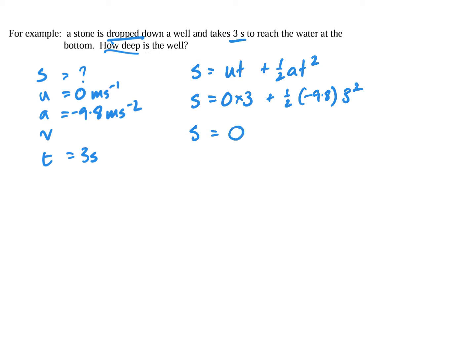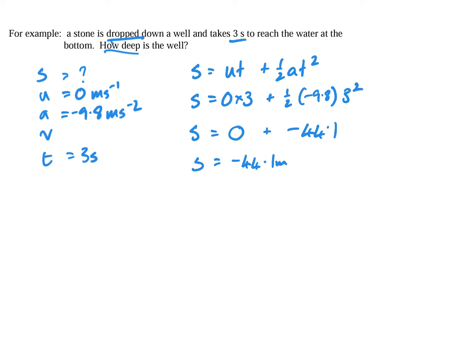And calculate that. It's minus 44.1. So s is minus 44.1 metres, and now hopefully you'll see why I say the height is how deep the well is linked. This displacement is negative because the displacement of the stone is negative because the stone has ended up below where it started.